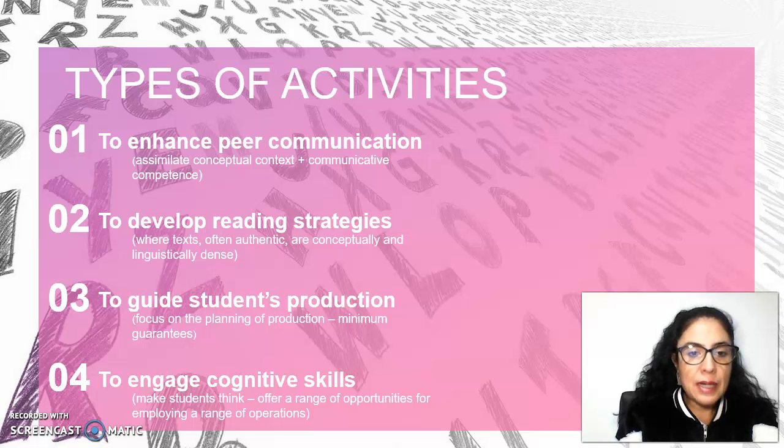Number 3, to guide students' production. This focuses on the planning of production, and there are minimum warranties because we don't know what students are going to produce. And number 4, to engage cognitive skills. This is aimed at making students think, offering a range of opportunities for employing a range of operations.